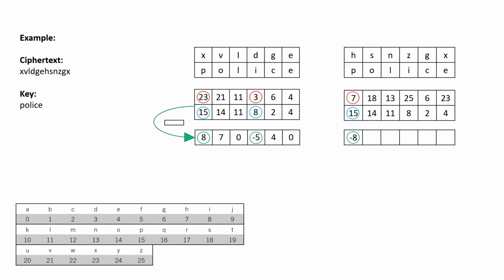And then we can fill the remaining cells as usual. 18 minus 14 is 4, 13 minus 11 is 2, and so on and so forth, and we get these values.